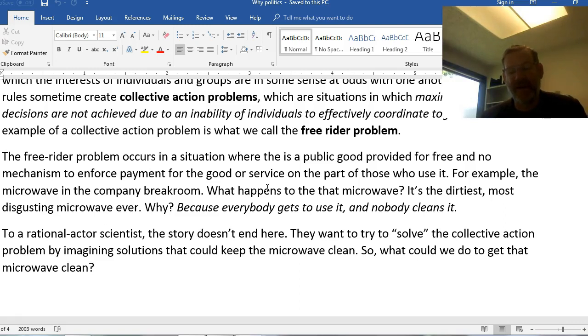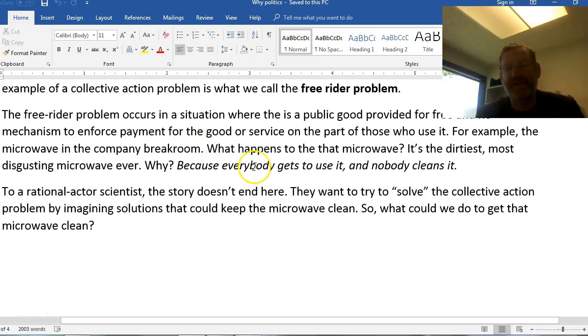But the microwave in the faculty lounge, I don't know if it's dirty or not. It very well may be dirty because no one may be assigned to clean it. Okay? So that microwave is really nasty. Everyone gets to use it and nobody cleans it. And no one wants to be that guy who has to clean up for everybody, right?